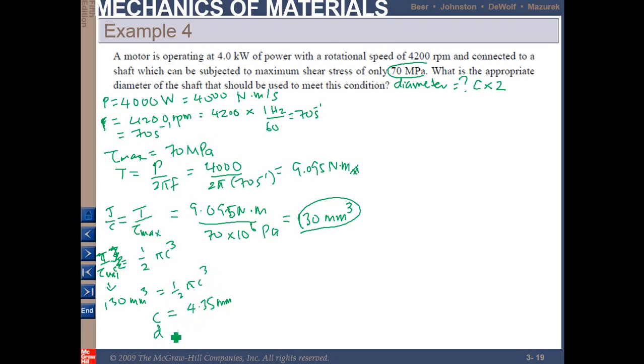And then the diameter is equal to C times 2, which is 4.35 times 2, which is equal to 8.71 mm. Okay, so therefore, you take diameter equal to 9, rounded up to the nearest diameter.